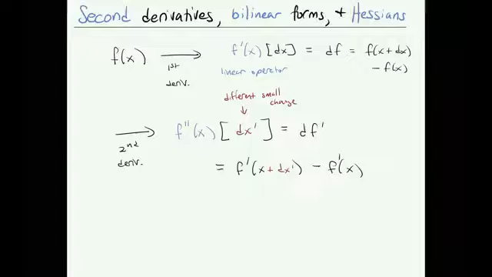It should look exactly the same. But now let's think about what this means. This f prime here is not a number anymore. It could be a number, but in general it's a linear operator. So this here is the difference of two linear operators.